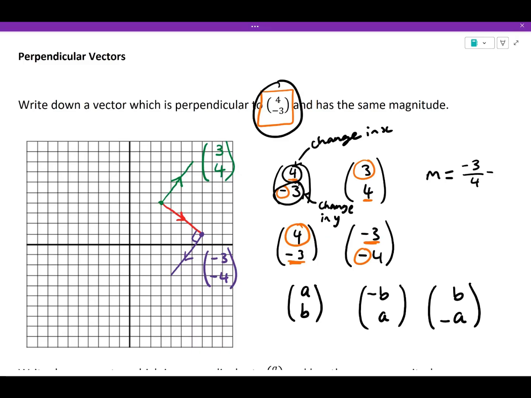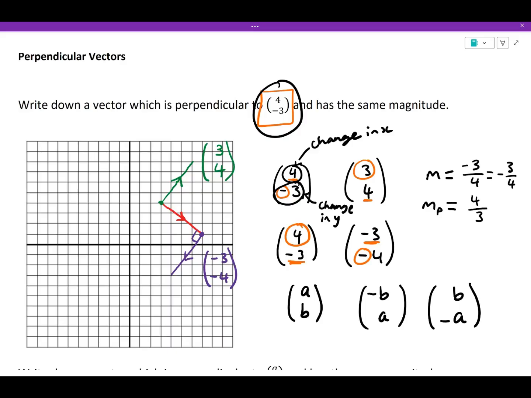I could write that as -3/4. Now, if I wanted a perpendicular gradient, which I'm going to call m_p, then you have to do the negative reciprocal of that gradient. So it's going to become 4/3, and then we're going to multiply by -1. And then that gives me my new perpendicular gradient.